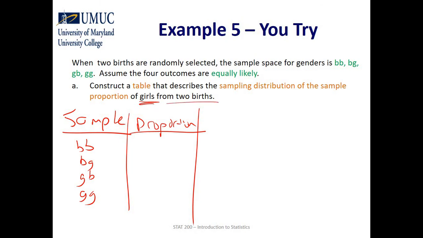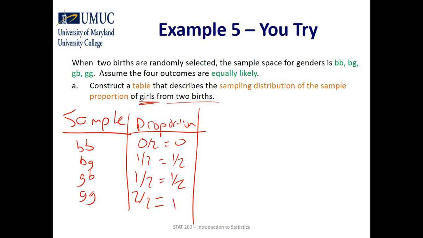The proportion of girls in boy-boy is 0 out of 2, which gives us 0. Boy-girl is 1 out of 2, which is just 1/2. Again, 1 out of 2, which is 1/2. And here we have 2 out of 2, which is equal to 1.